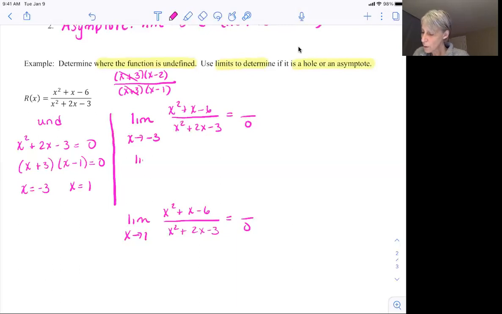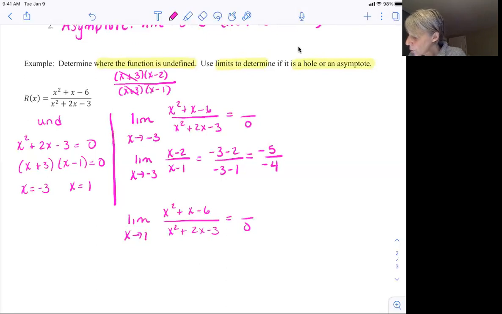So I know I'm reevaluating each limit in my simplified form. -3 minus 2 over -3 minus 1, which is -5 over -4. Since I get an answer, the point of discontinuity can be described as a hole at x equals -3.